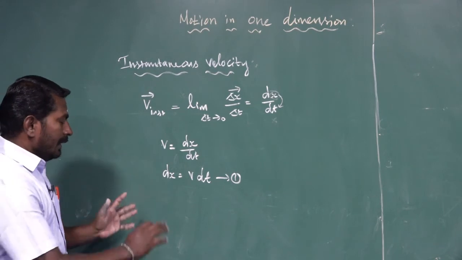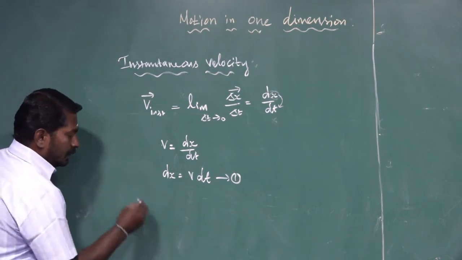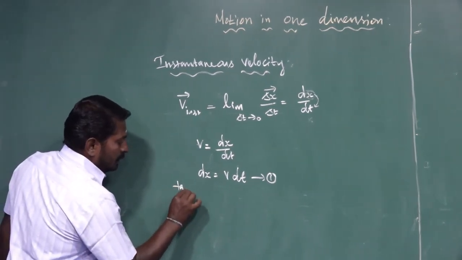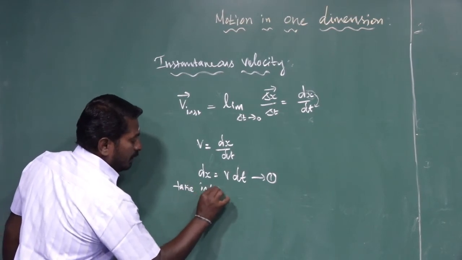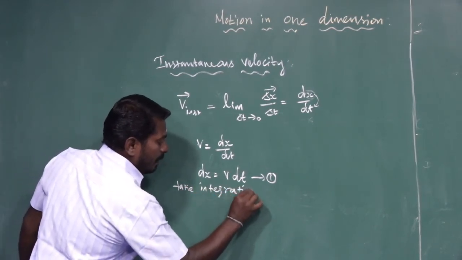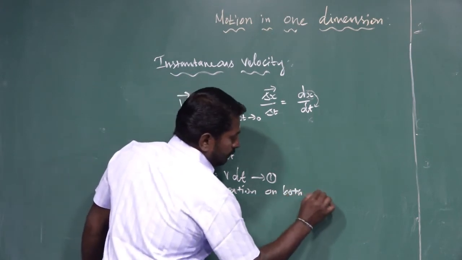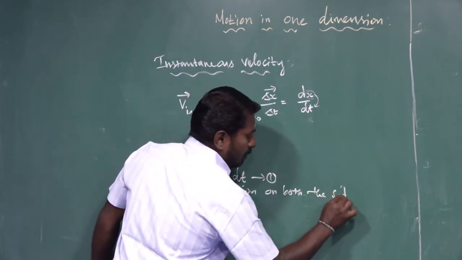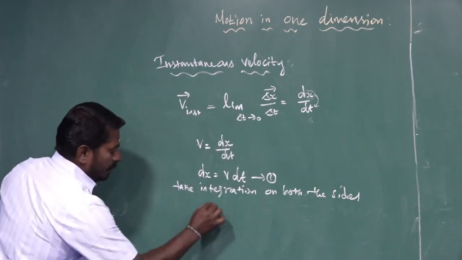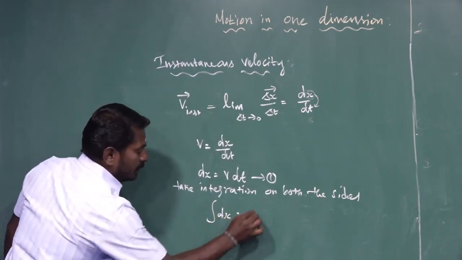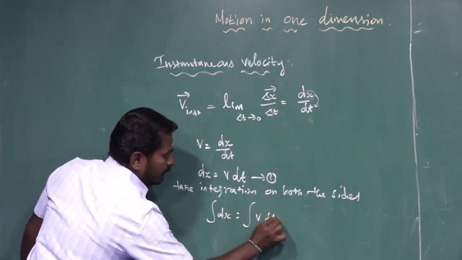Equation 1, integrate on both sides. Take integration on both sides. So integration of dx is equal to integration of v dt.